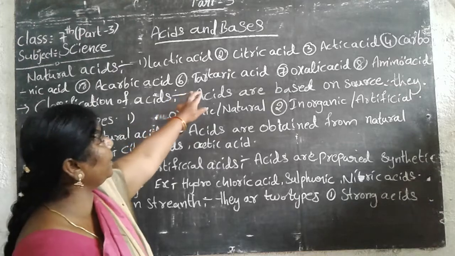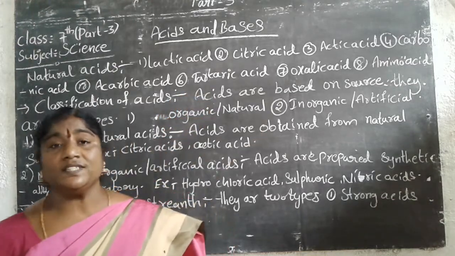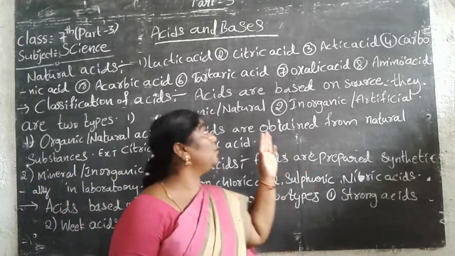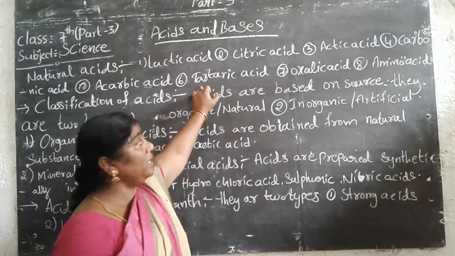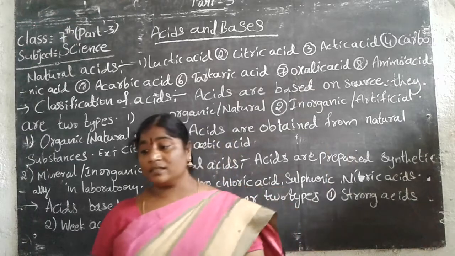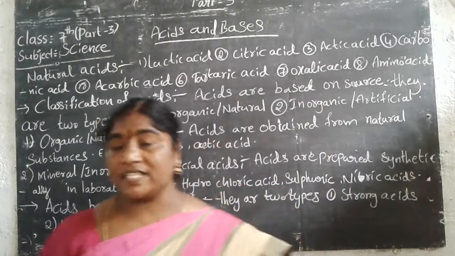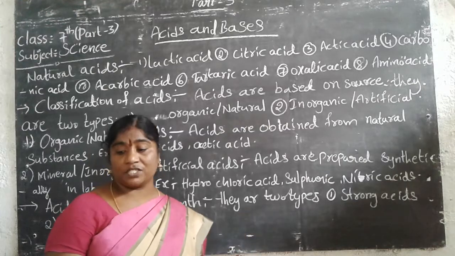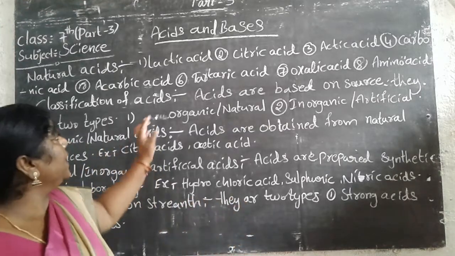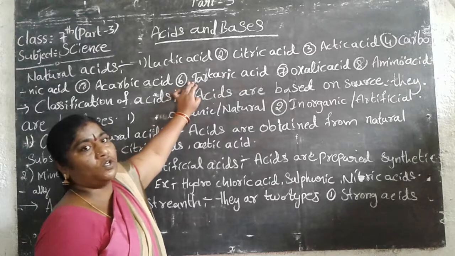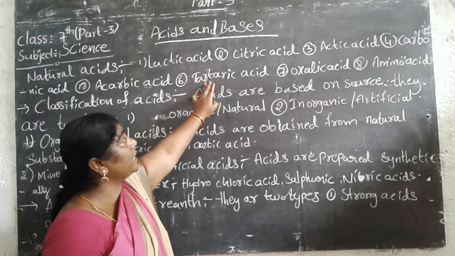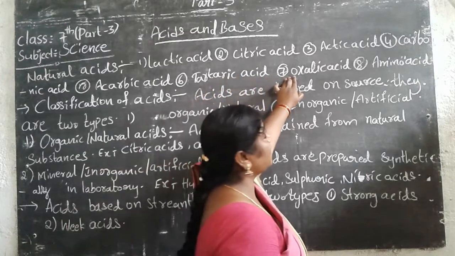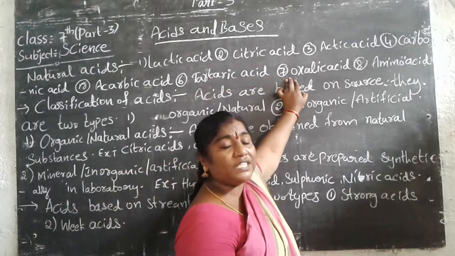Next, tartaric acid. Sorry, tartaric acid is found in tamarind and grapes. And the seventh one, oxalic acid, is found mostly in vegetables, spinach and tomatoes.